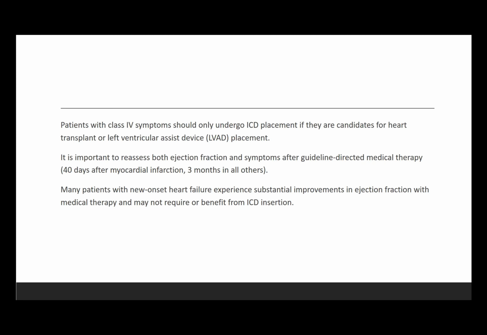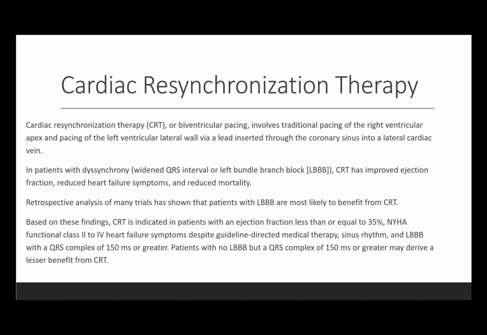You reassess 40 days after an MI and 3 months otherwise to see if the patient is applicable for an ICD placement. Basically, you're trying to prevent sudden cardiac death in these patients. And CRT is the treatment of choice in patients with a widened QRS and a left bundle branch block.